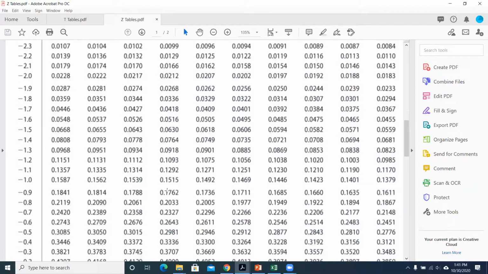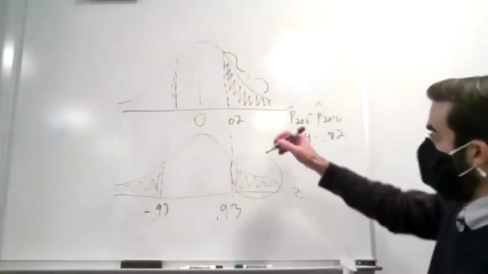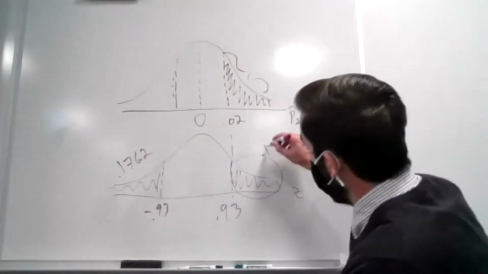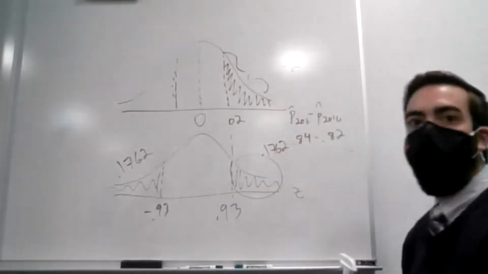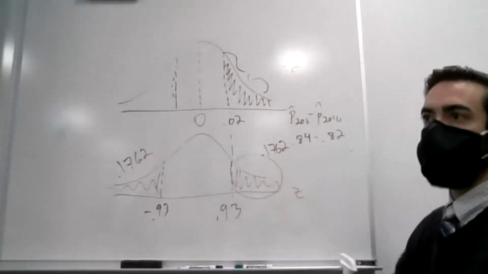So here's the 3-column, negative 0.93, 0.1762. Okay. So this area is 0.1762. I can add them up, or if I found one of them, I can think about how do I get the total, just multiply it by 2, right?